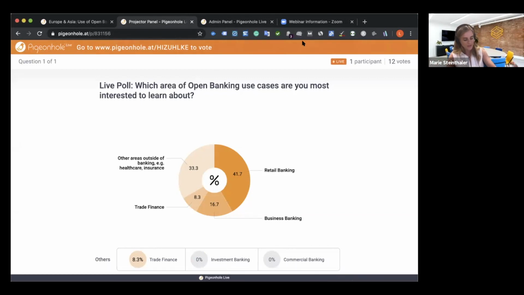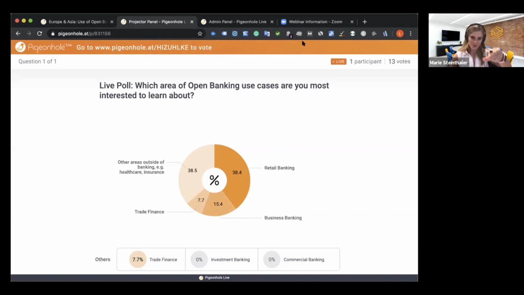Maybe starting with the use case front, something that Wolfgang mentioned earlier, and also the poll is showing that clearly there's a lot of interest in use cases for open banking outside of purely banking, even though the most appealing and immediate to understand use cases still are in retail banking.